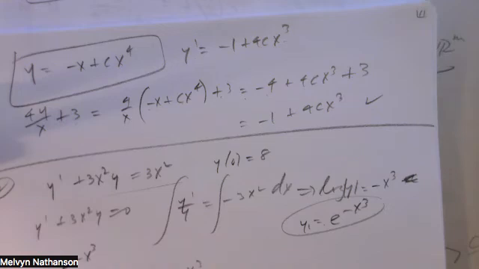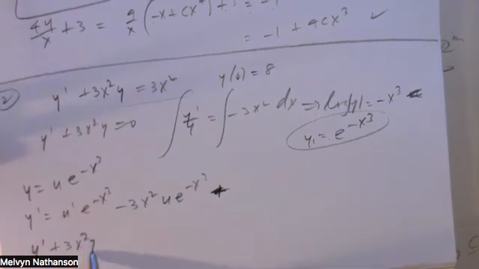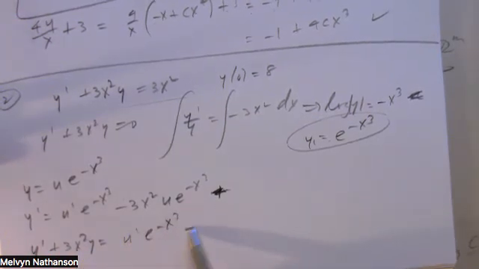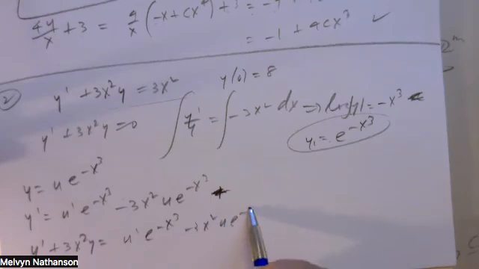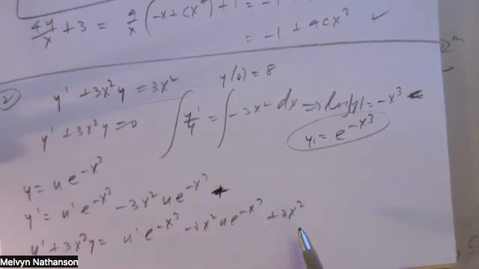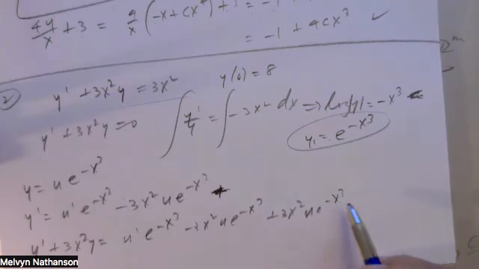So y prime plus 3x squared y is u prime e to the minus x cubed minus 3x squared u e to the minus x cubed plus 3x squared times y, which is u e to the minus x cubed.